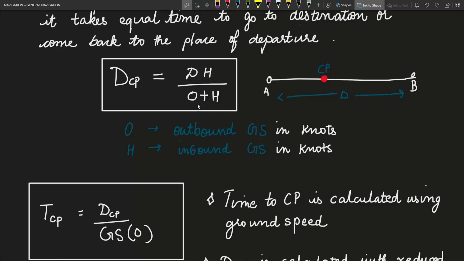That is, it depends on your ground speed. So distance to CP could be calculated using the reduced ground speed if an engine has failed, but the time to CP is usually calculated using the normal ground speed.